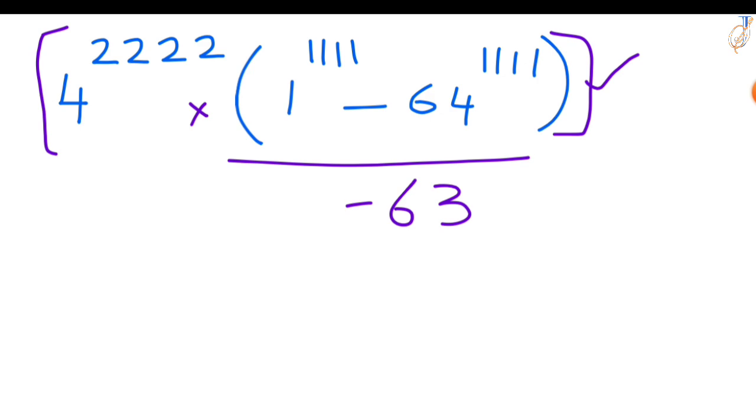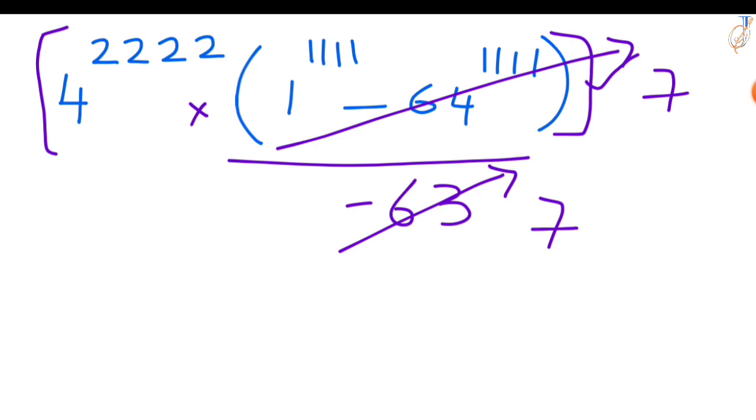This expression is our numerator and minus 63 is our denominator. Since 63 is equal to 9 times 7, 63 is divisible by 7. So when the denominator is divisible by 7, the numerator is also divisible by 7. So all the terms are divisible by 7. Hence we can say that our remainder is 0.